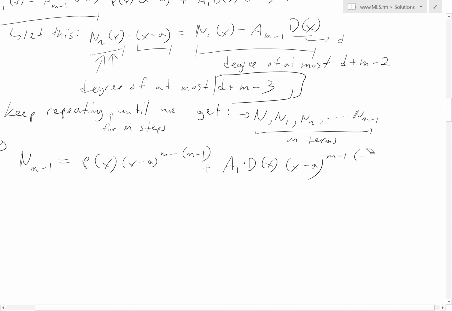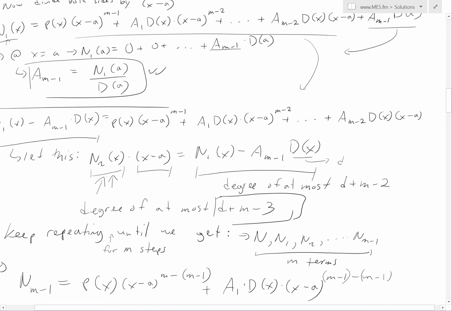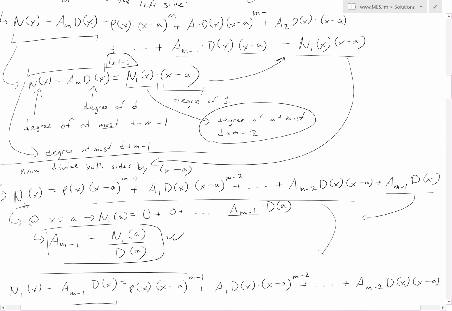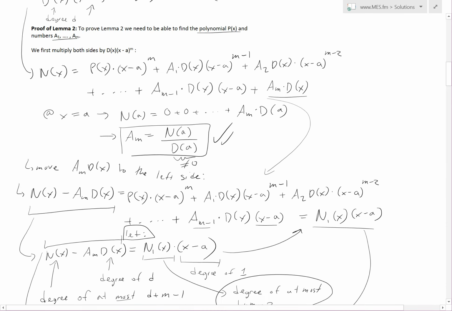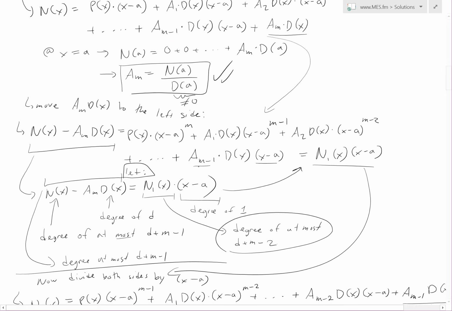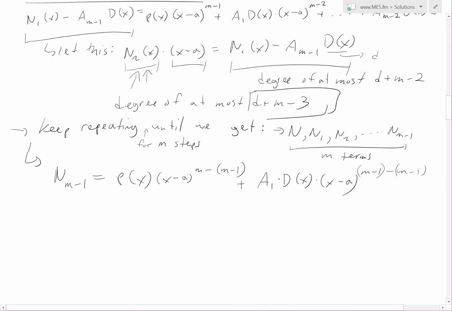It's m minus 1 minus m minus 1. So we subtract that from that. Now we don't go any further, because as you see, we always started decreasing one of the terms. So we started off with this am, then this am disappears, and we get am minus 1. So we do this all the way until we get to a1.